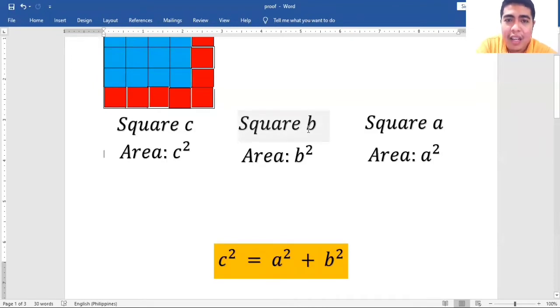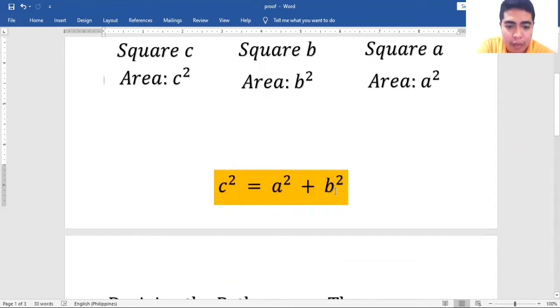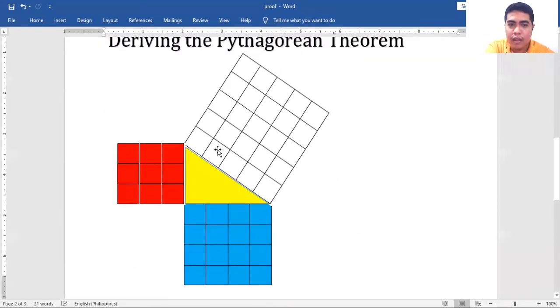Now, the question is, when and where do we use the Pythagorean theorem? Let us first find out with our derivation. As you can see, these are squares A, B, and C, but they are being laid out, forming a new geometric figure, a triangle.